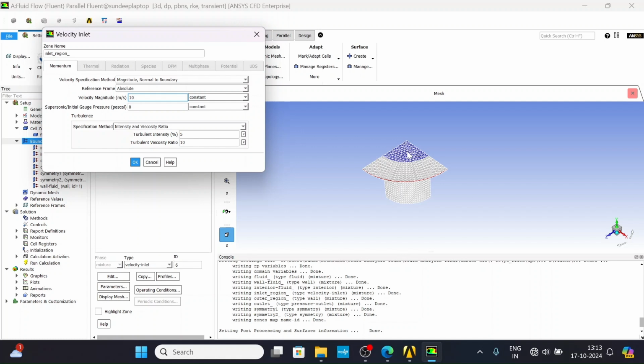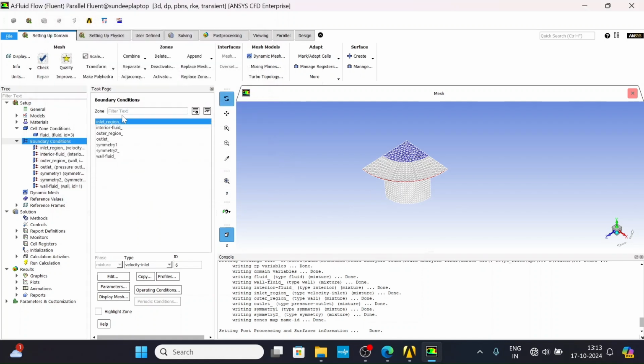That is the only reason we are giving 10 meters per second. But if we use two-way FSI, we don't need to give fluid velocity, because whatever the punch is moving with will apply some pressure to the fluid medium, and with that we'll get the fluid pressure.